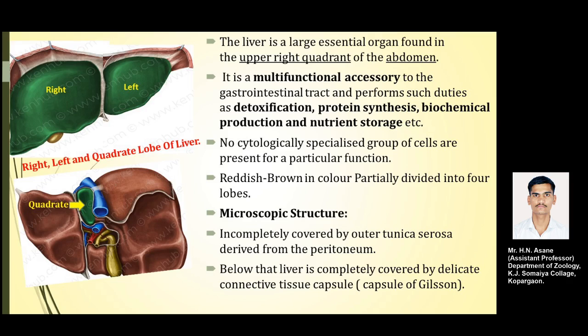So the lobules are more distinct, as you can see in the cross sections of animals like the pig, rat and cat, because of the connective tissue, the Glisson's capsule, that forms the investment.